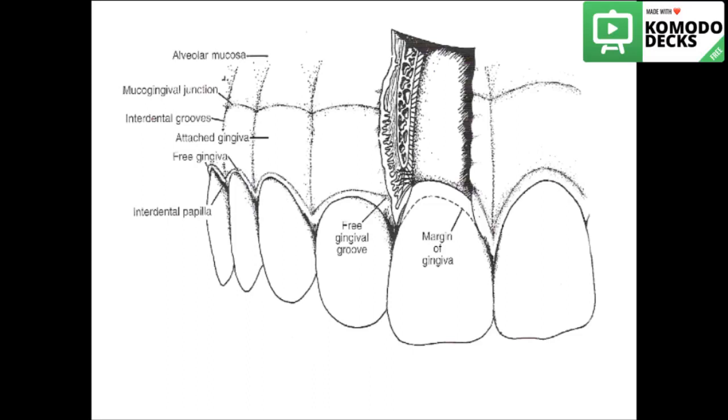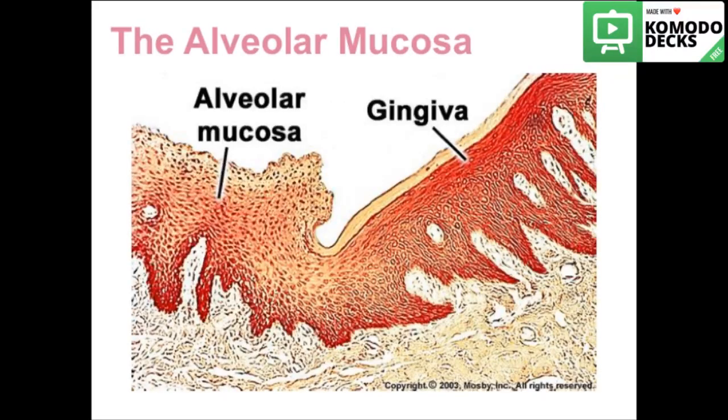Also, there's the mucogingival groove or junction separating the attached gingiva from the alveolar mucosa. A section of the junction between the gingiva, a keratinized epithelium, and the alveolar mucosa, a non-keratinized epithelium. The groove in between is the mucogingival groove.